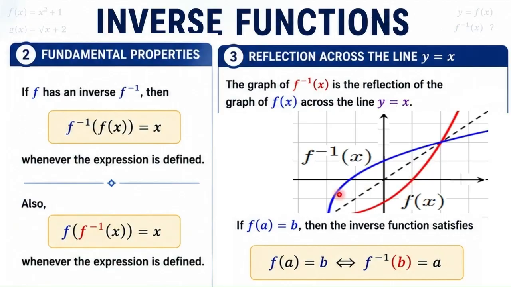For example, if the point (a, b) lies on the graph of the function, then the point (b, a) lies on the graph of its inverse. This symmetry makes it much easier to recognize inverse functions graphically.